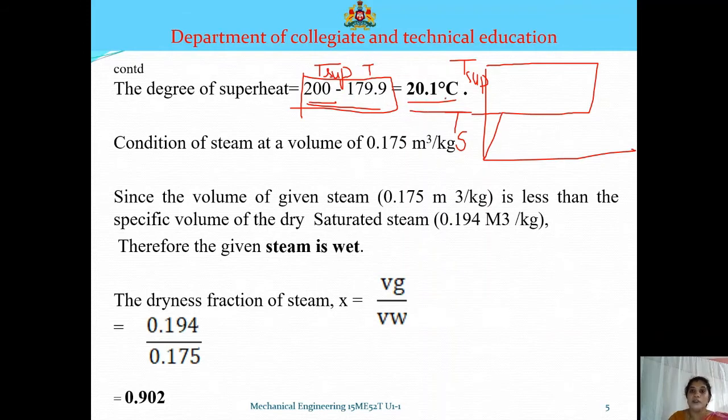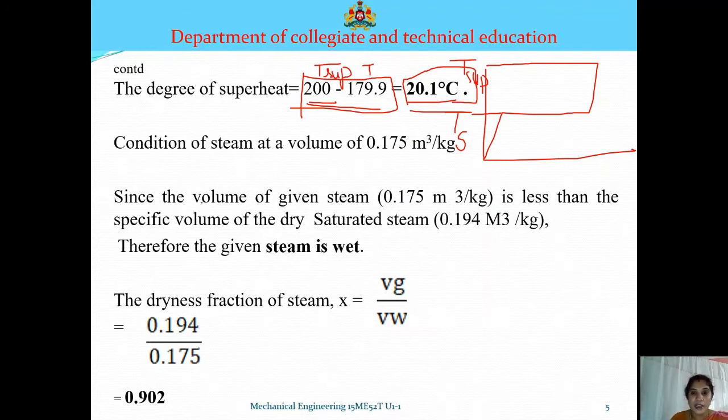That means 20.1 degrees Celsius of heat has been superheated. Above saturation temperature, we have heated the steam by about 20 degrees Celsius. That is the meaning of this.